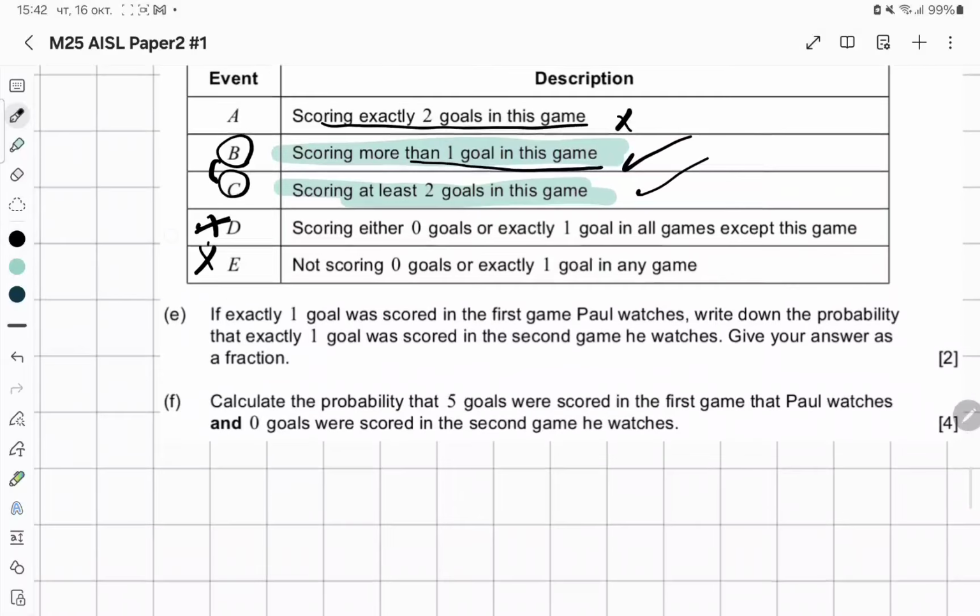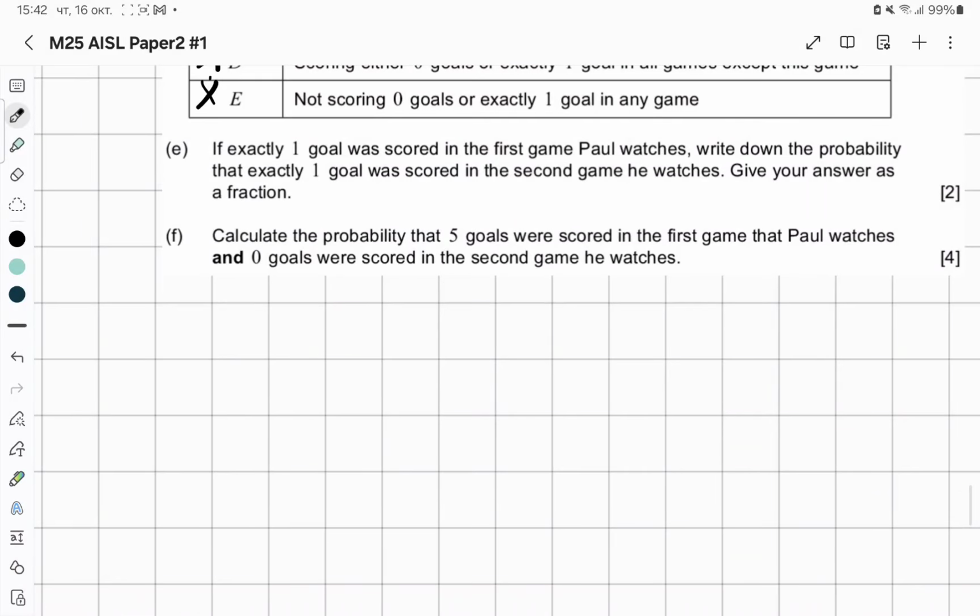Okay, now let's turn to part E. Exactly 1 goal was scored in the first game Paul watches. Write down the probability that exactly 1 goal was scored in the second game he watches. So if exactly 1 goal scores, it means that we have 10 goals for the next game left, right?